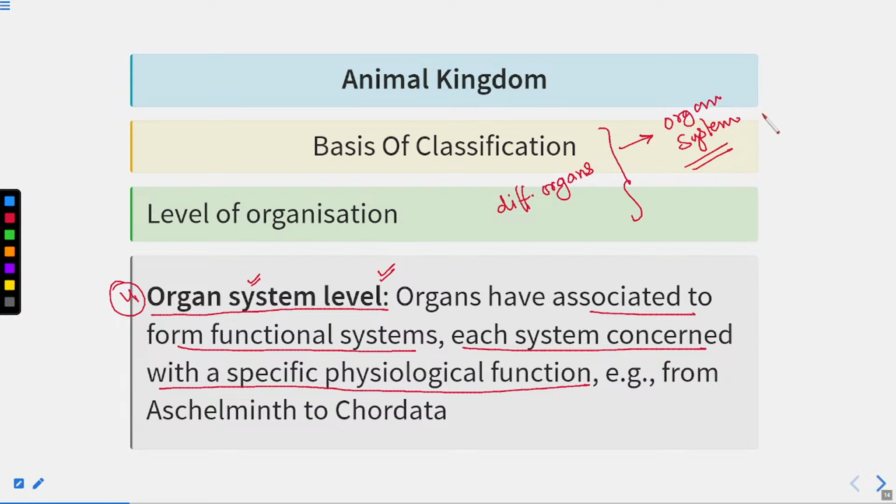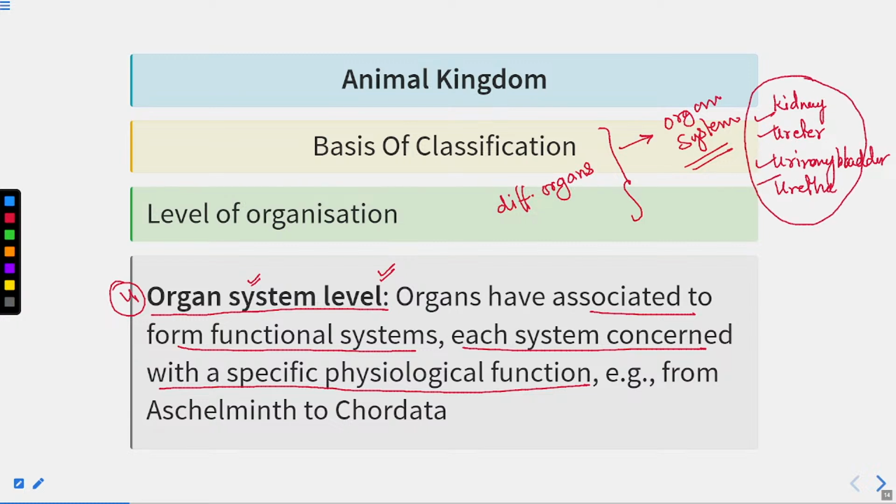If we talk about the excretory system, it has the kidney, ureter, urinary bladder, and urethra. So 4 different organs unite together to form the excretory system.